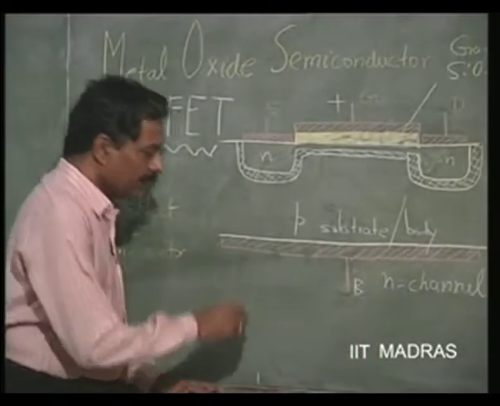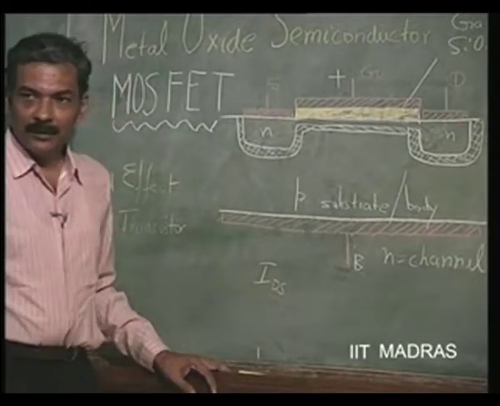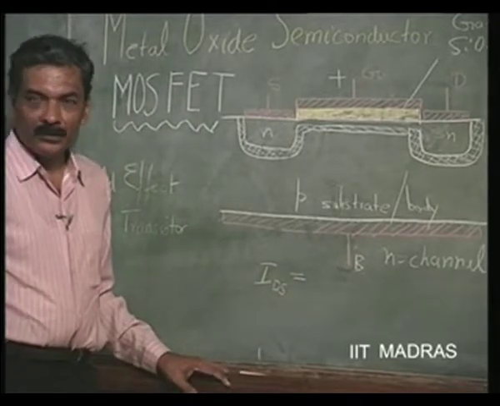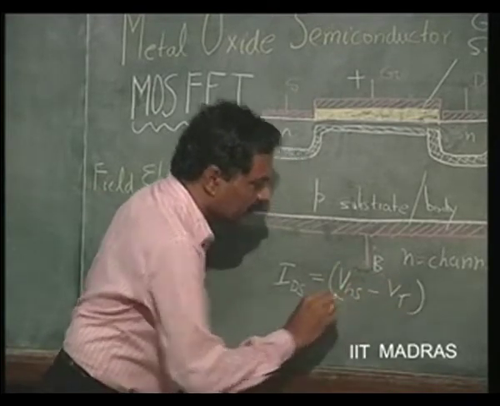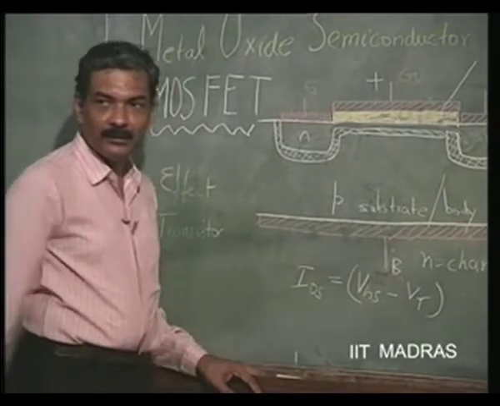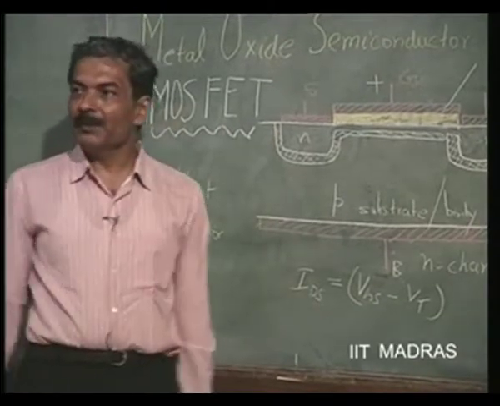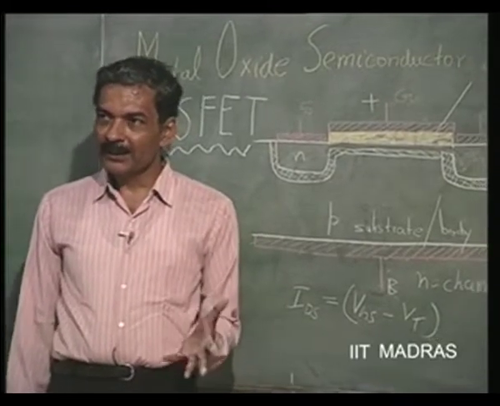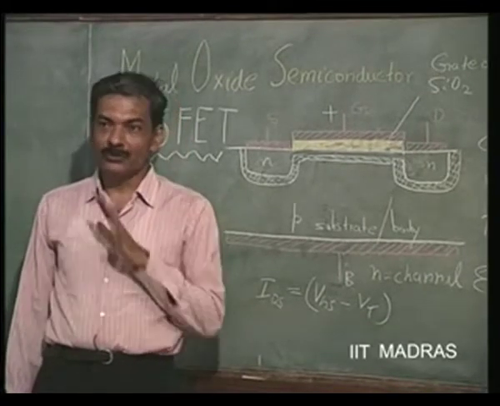So, we will therefore say that the current IDS is going to depend upon VGS minus VT. Normally, for this operation, the bulk is connected to the source. We do not want to have too many sources. We would like to minimize the independent sources required for biasing to a bare minimum of 1 or 2.